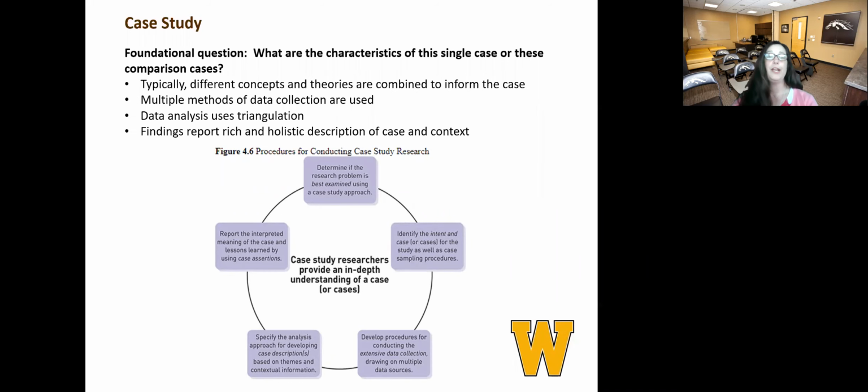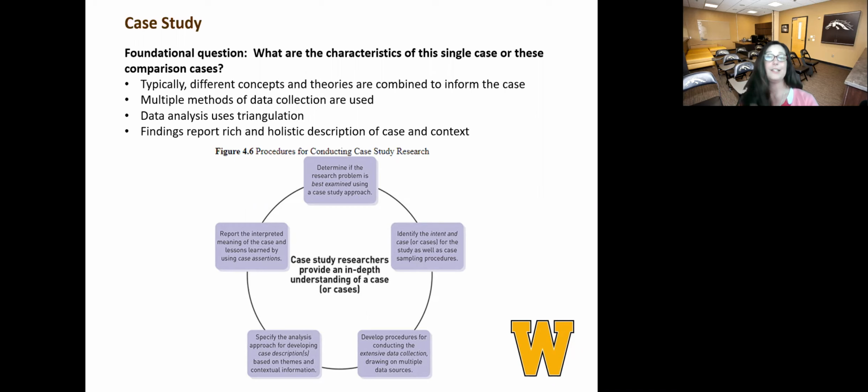The foundational question here is, what are the characteristics of this single case or these comparison cases? Typically, different concepts and theories are combined to inform the case. This is pretty unique to this type of qualitative research project. Multiple methods of data collection are used.